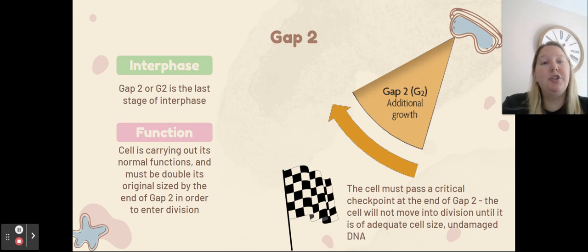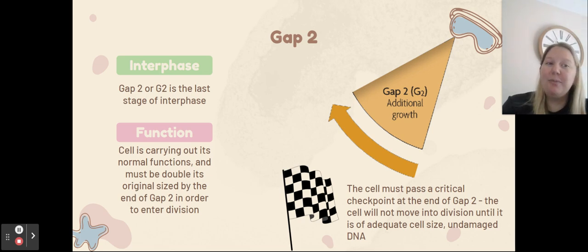Adequate size means that it should be approximately double its original size. All of its DNA is undamaged, and all of the necessary organelles that needed to be divided and duplicated have done so. The cell cannot move into the M, mitosis division phase, until it passes this checkpoint.